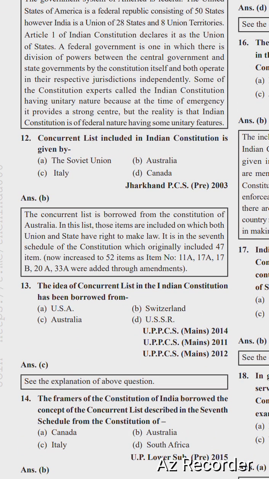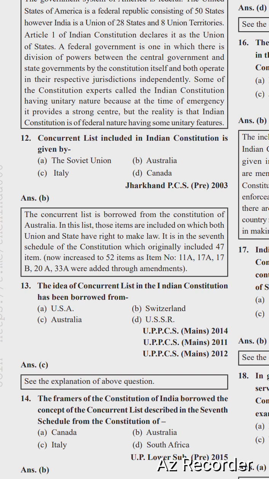So next question is, the concurrent list in the Indian Constitution is given by, options are the Soviet Union, Australia, Italy and Canada. Right option is option number B, Australia. The concurrent list is borrowed from the Constitution of Australia.